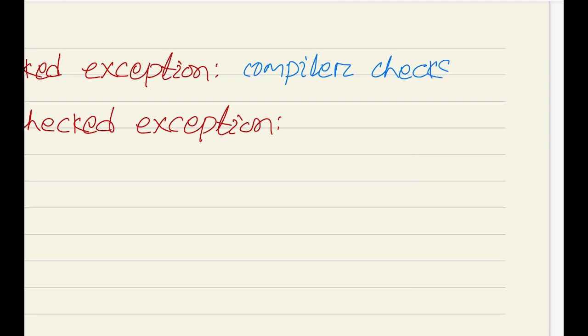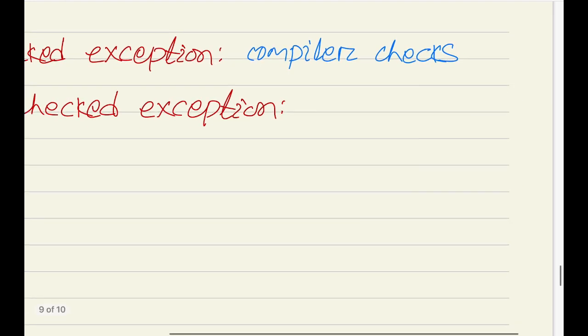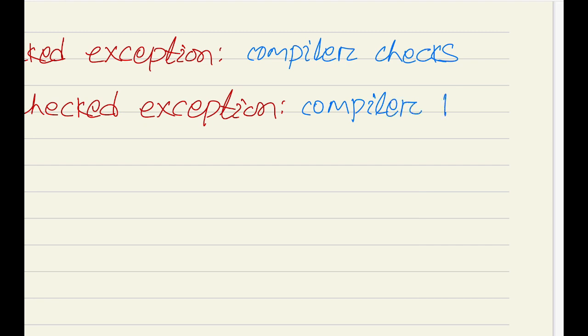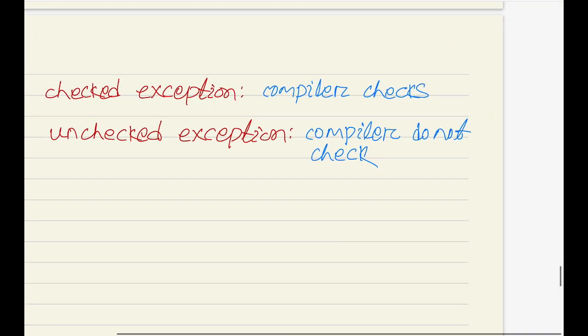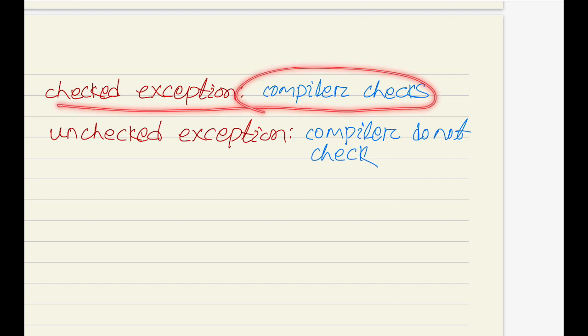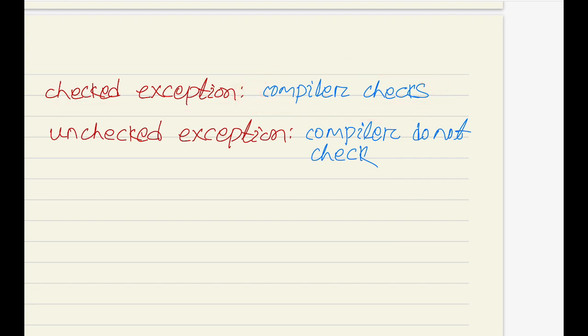The compiler checks whether you are handling that exception or not, and for unchecked exceptions the compiler does not check. So checked exceptions are the exceptions that are explicitly checked by the compiler for a smooth execution of the program at runtime.